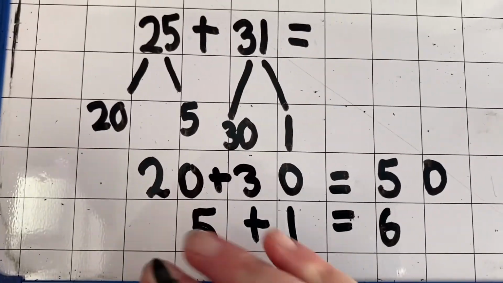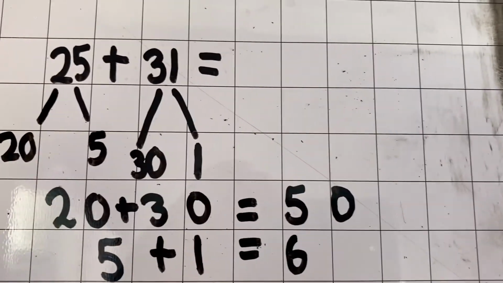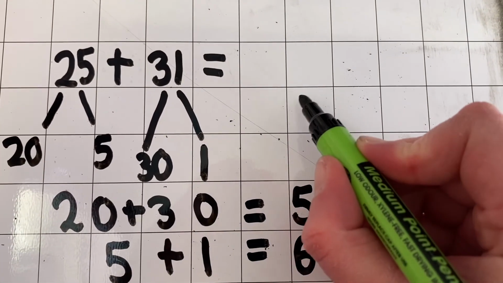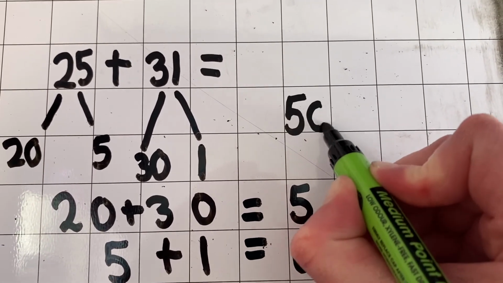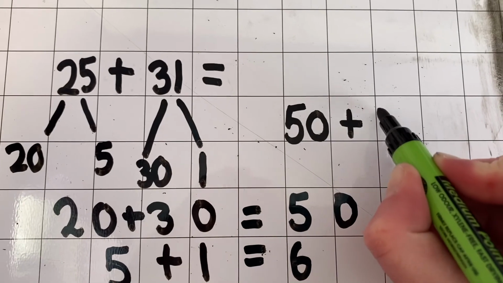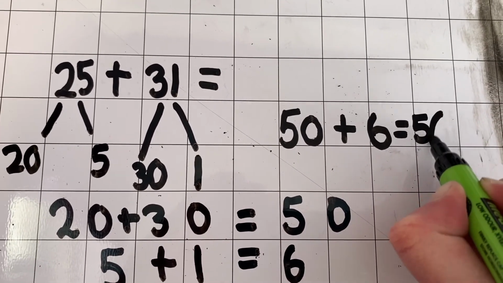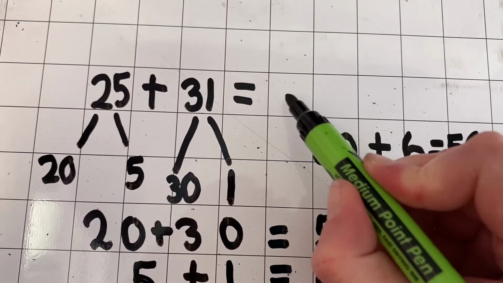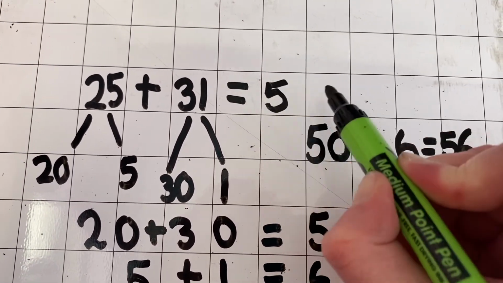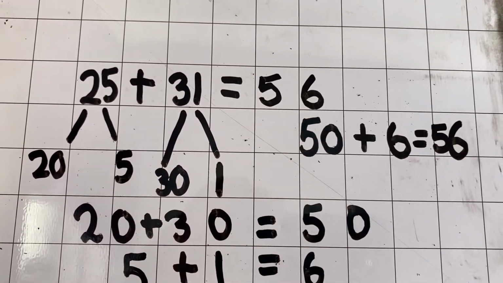Finally, they will need to add 50 and 6 together. 50 add 6 equals 56. Their answer is therefore 56.